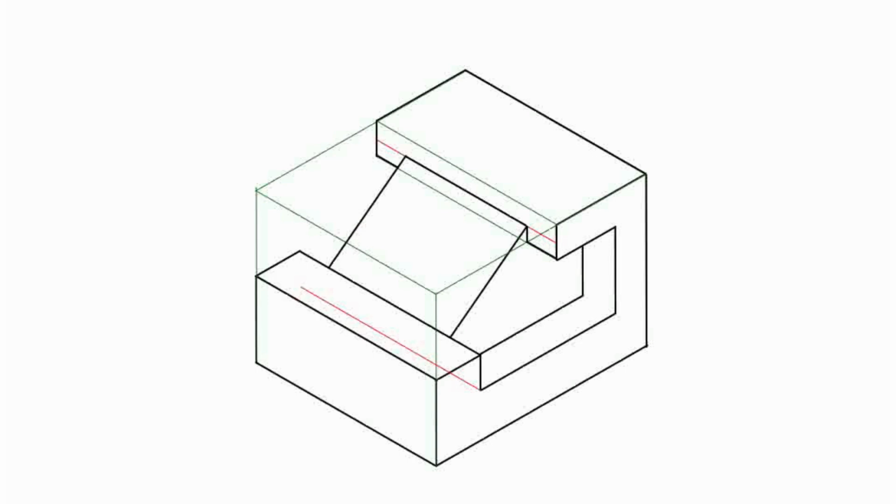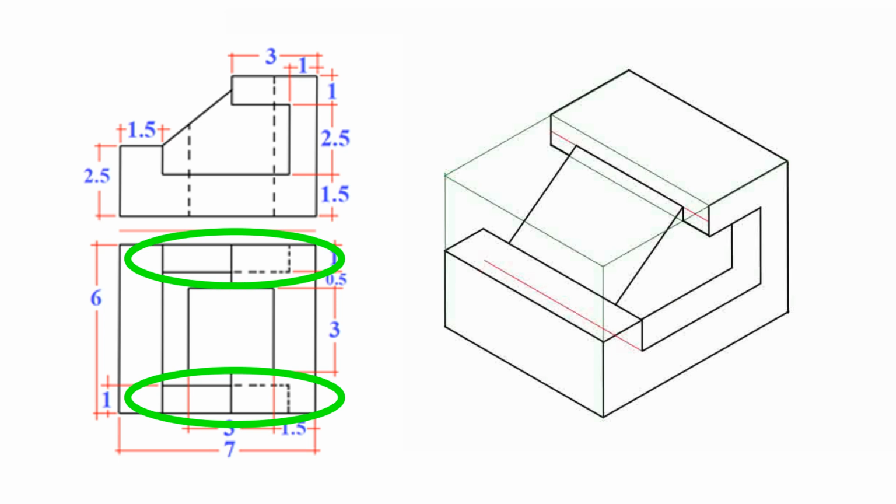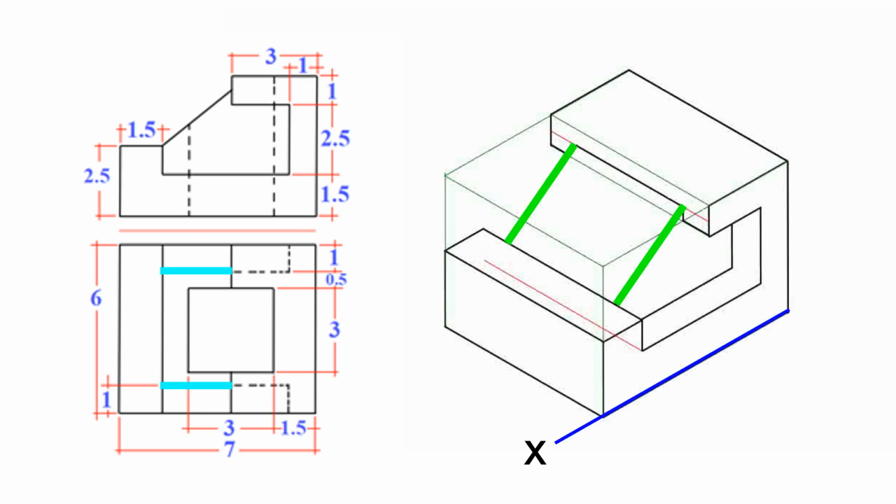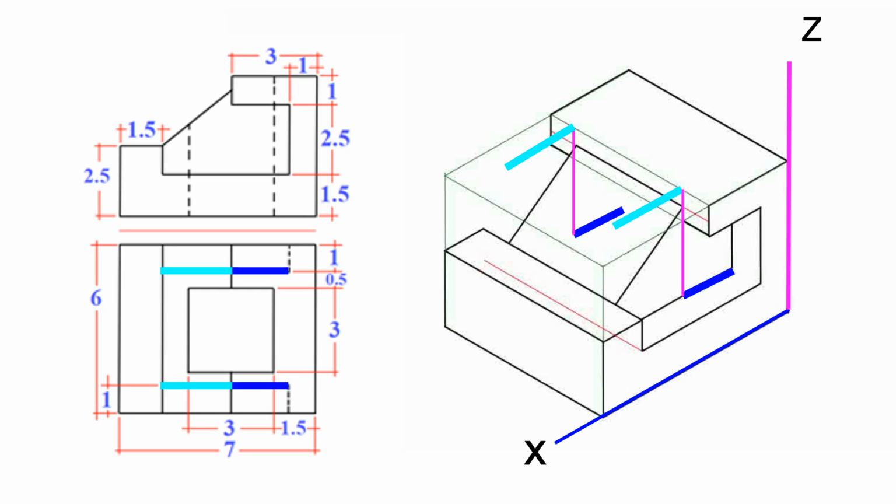Now look closely at the top view again. There's a hidden line, a dash line. That line tells us something important. For the first 2.5 units along X, the edge is visible. Then the remaining 2 units are hidden, blocked by a 3x6 rectangle.